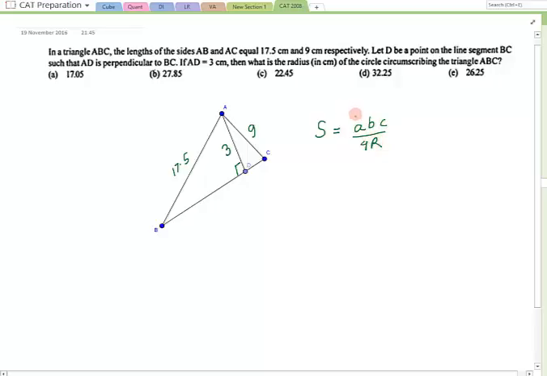As you can see, there are a few lengths here which we have been provided, and it has R, which is the quantity that we need to find. So you can probably do this much of thinking and realize that this is the formula that will need to be used. Now, how do we use it? From here you can imply R is equal to ABC by 4S.